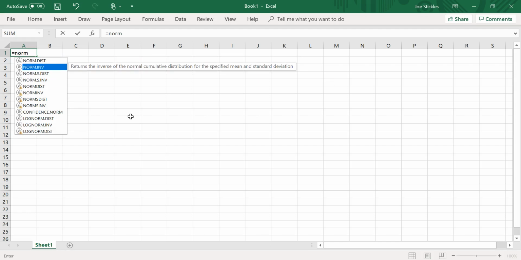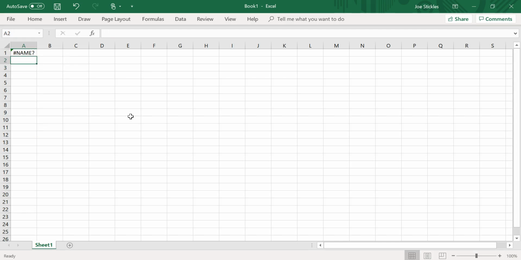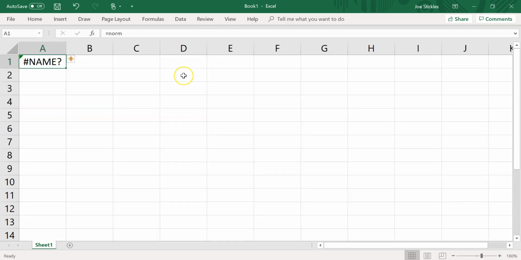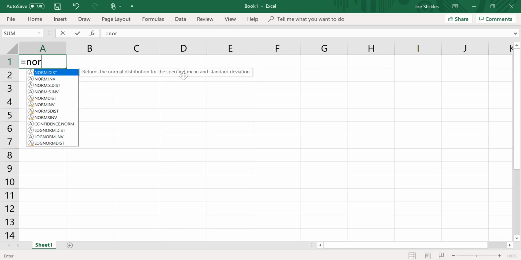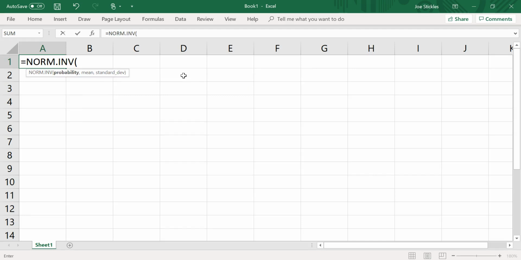The normal inverse will give us the boundary for a class. So the problem asks you to divide it into 10 classes of equal probability.